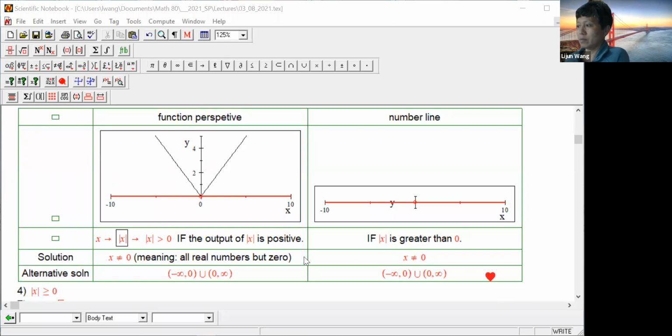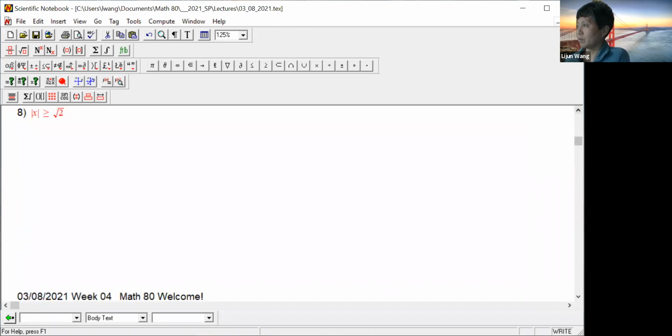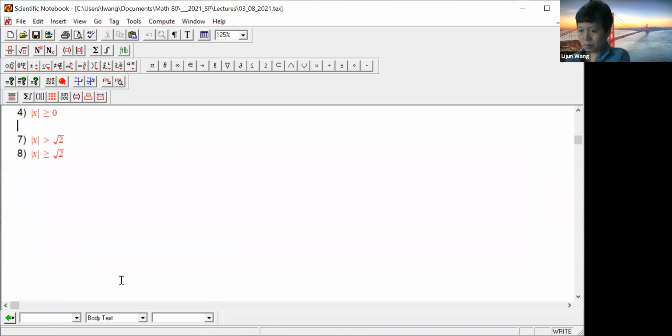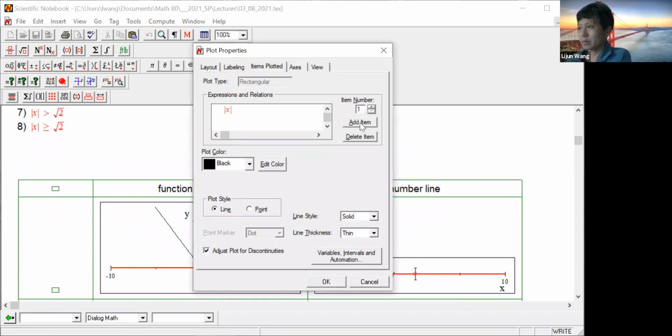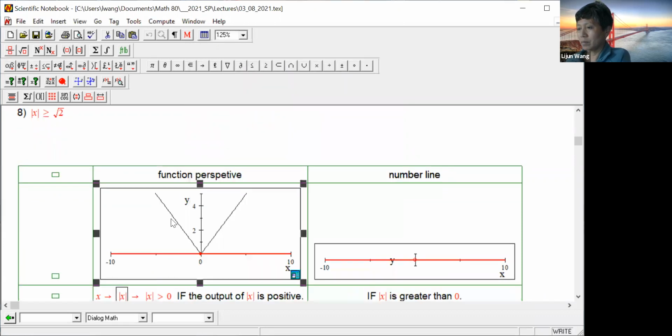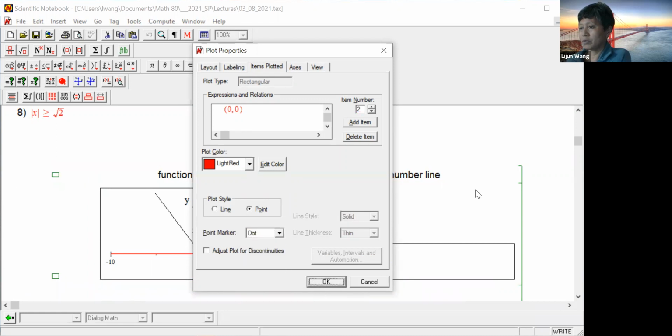What is it? What's your solution for number 4?